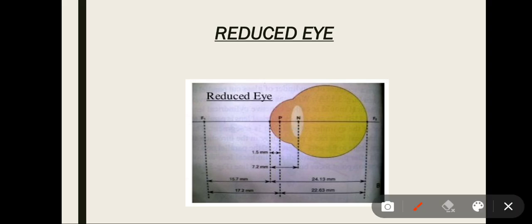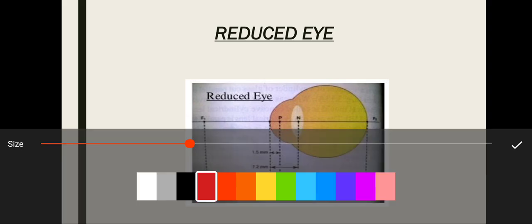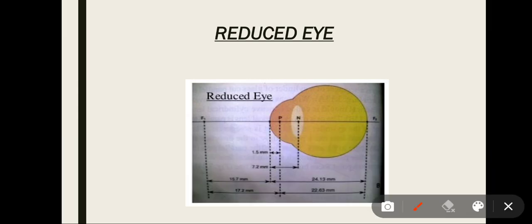This is the P, and it lies 1.5 centimeter behind the anterior surface of the cornea. This is the nodal point, situated 7.2 millimeter behind the anterior surface of the cornea.